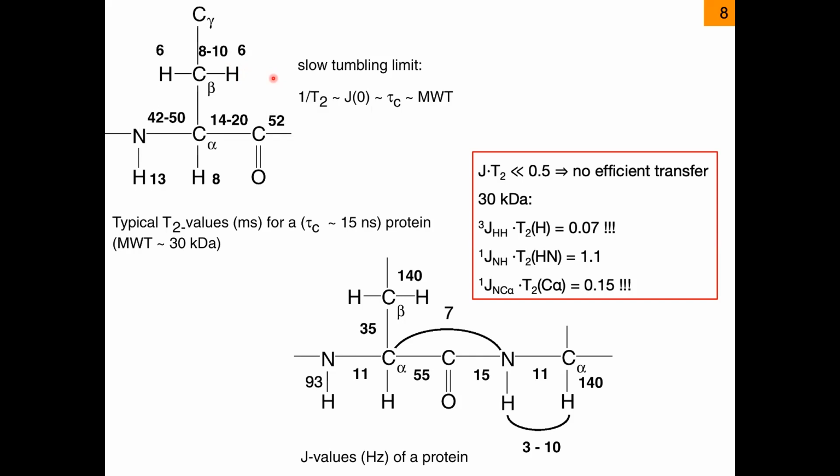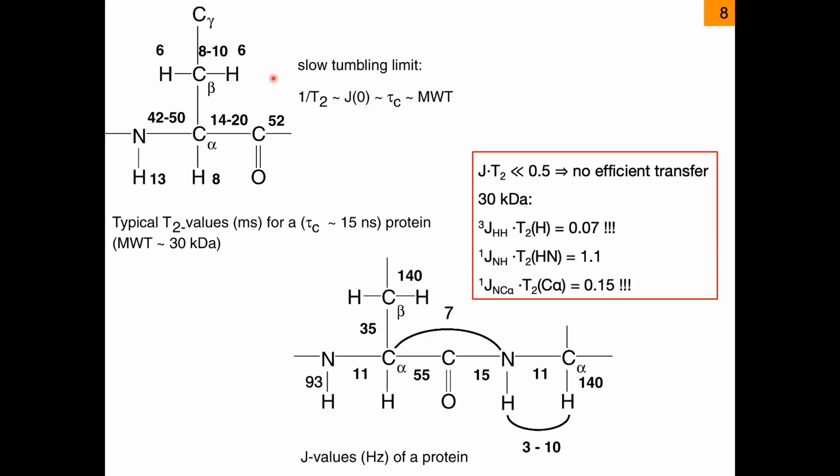You see that the nitrogen T2 is 40 to 50 milliseconds. The carbon T2 is quite a bit shorter. Any idea why this would be? Certainly the chemical shift anisotropy is a relaxation mechanism for nitrogen, not so much for carbon, which is less anisotropic.